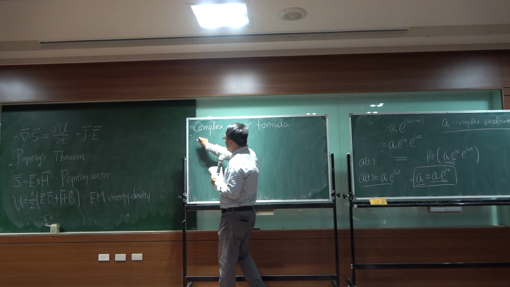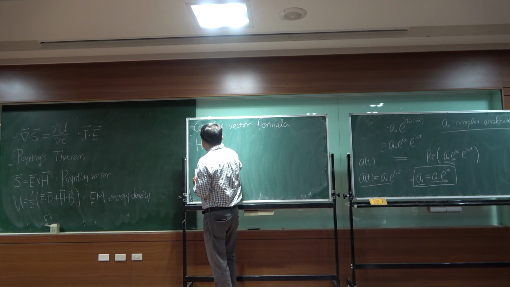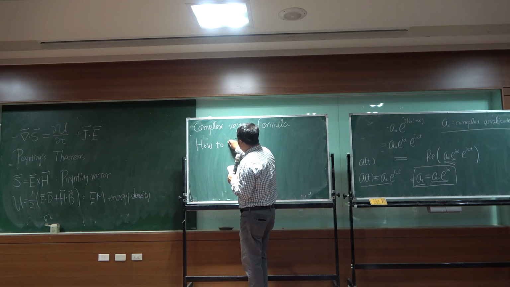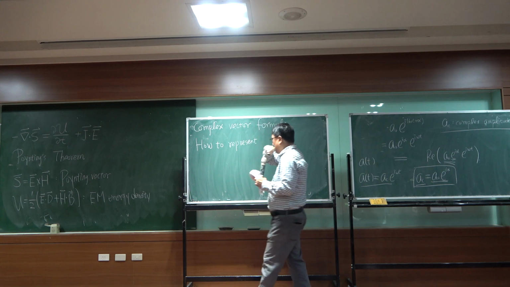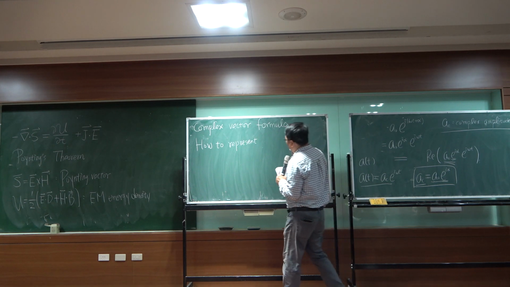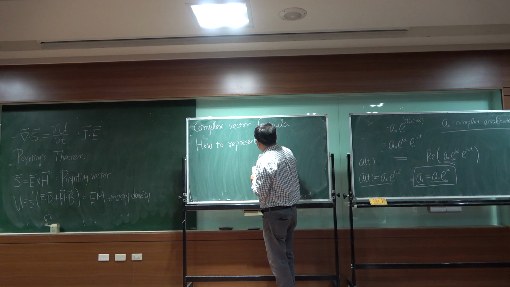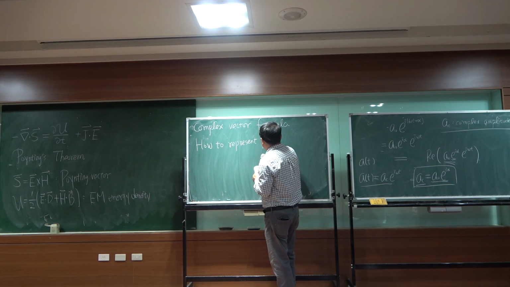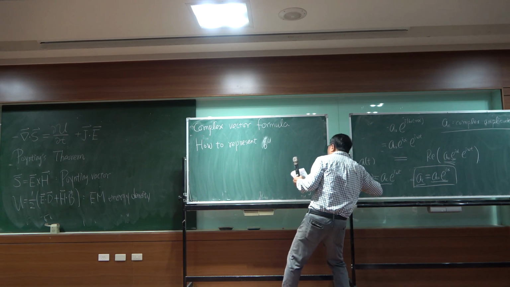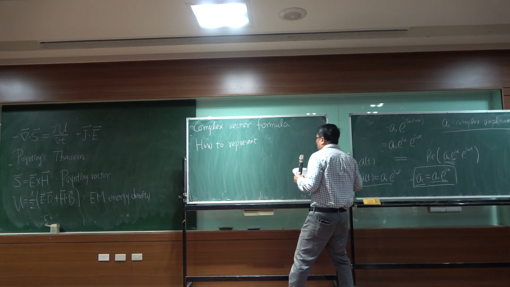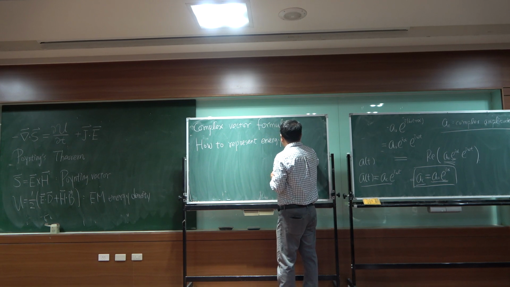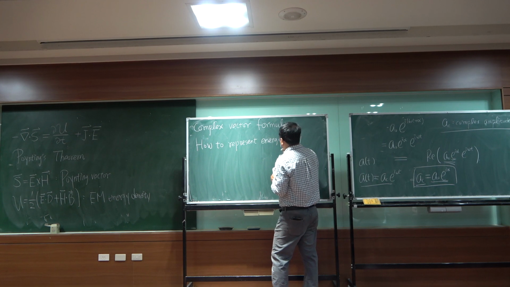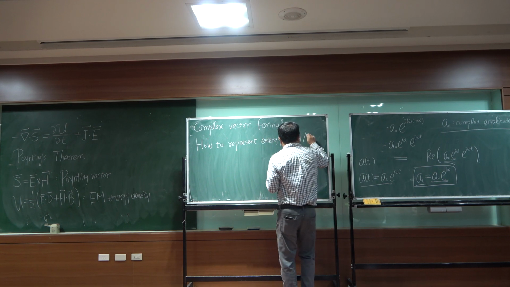Now we have a question. How to represent energy density, or quadratic energy density, Poynting vector?